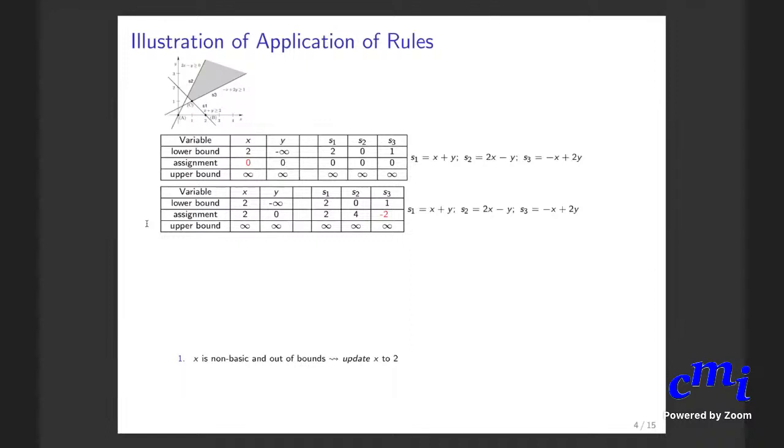In this case, S2 is satisfying. S1 is violating its bound, okay? And S3 is too, correct? But I've chosen to fix S3.